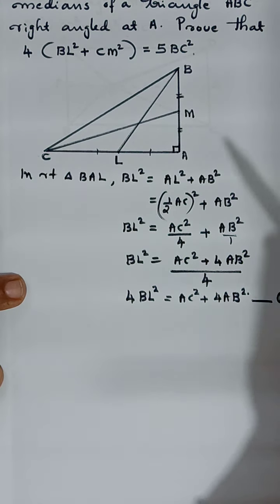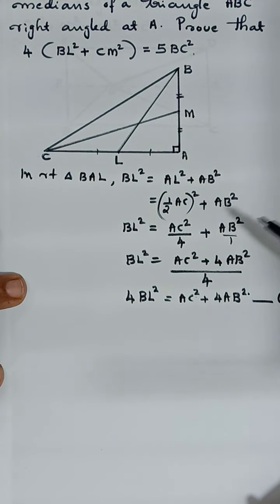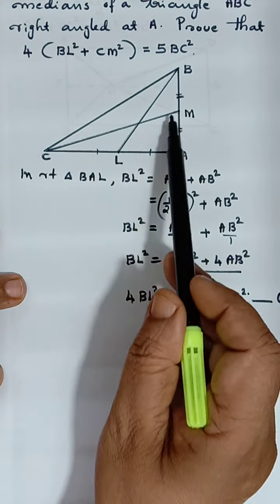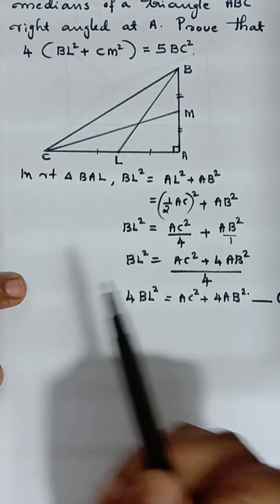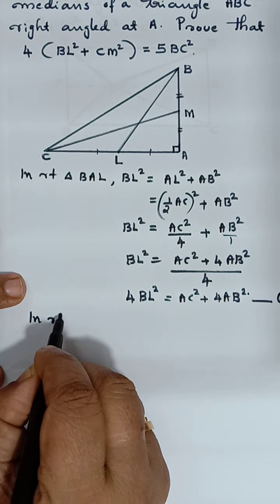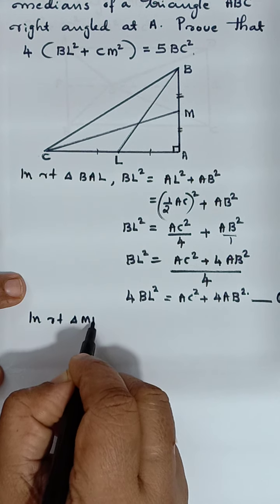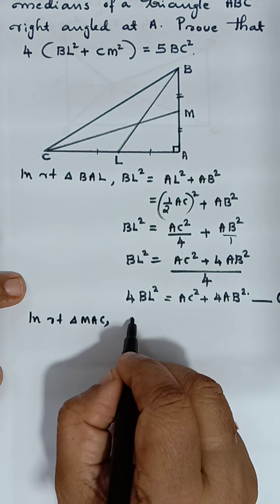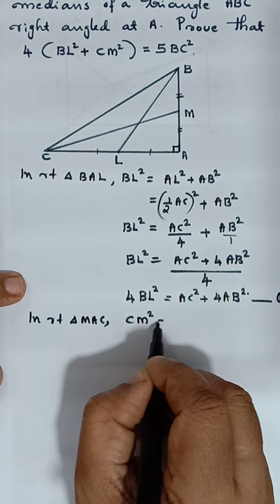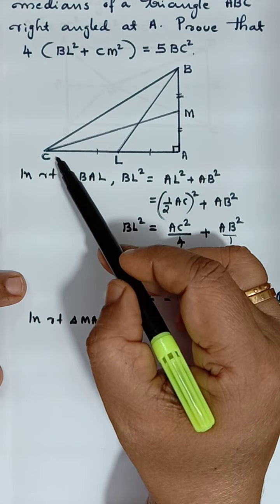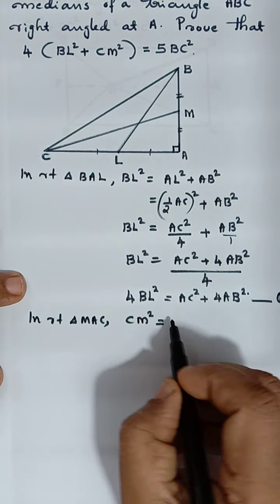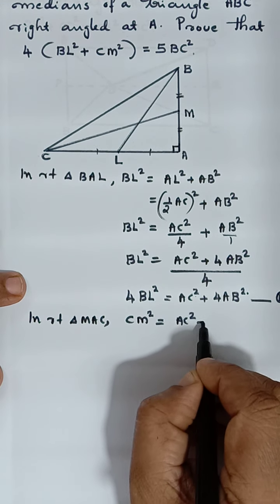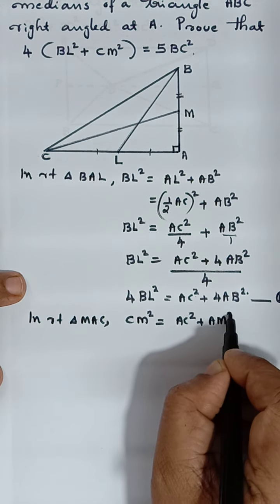Now we have to find out what CM square is. CM is the hypotenuse of triangle MAC, that is, in right triangle MAC. We write CM square is equal to hypotenuse square, equal to AC square plus AM square.